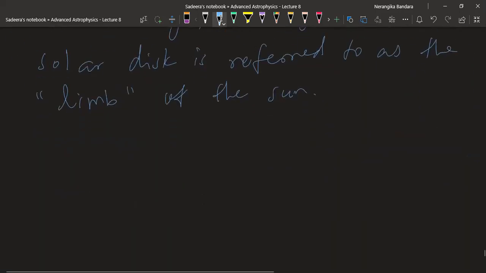Well, not just a fancy term, it has a meaning, but we're not really interested in the meaning of the word limb. Anyway, now this gives rise to this limb darkening law, as they call it. Limb darkening law.